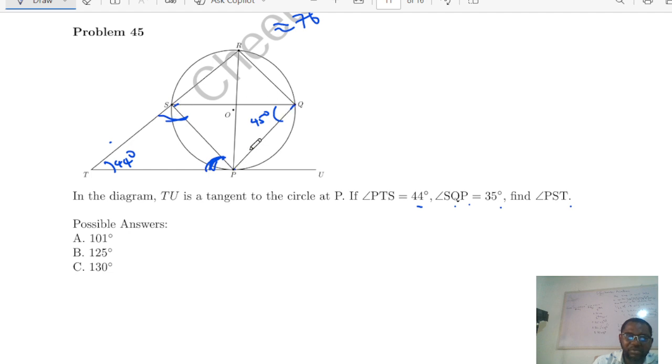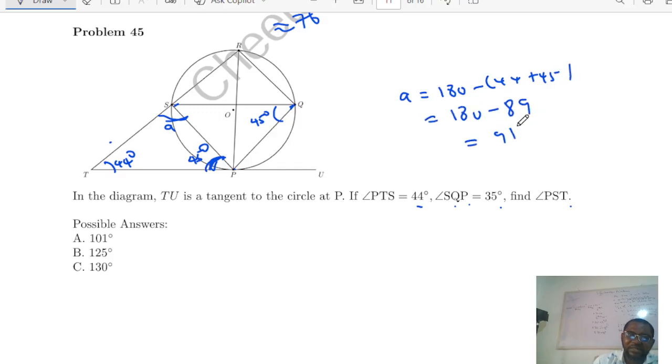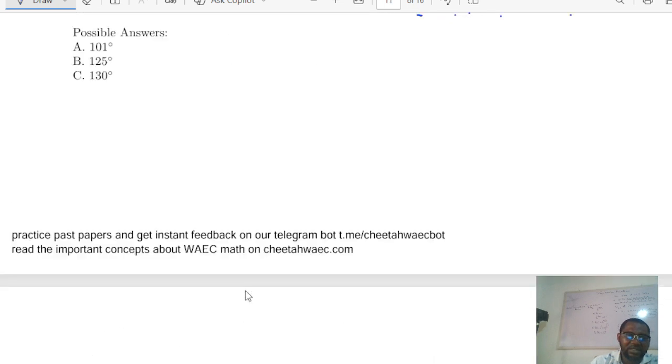So this chord produces this angle here on this circumference, and this chord makes an angle with the tangent, and that angle is definitely equal. This is one of the rules of tangents. So that's 45 degrees. So I can now find the missing angle here. Let me call it A. So A is going to be 180 minus 44 plus 45. So that will be 180 minus 89, and that will be 91 degrees. That's the answer, D, 91 degrees.